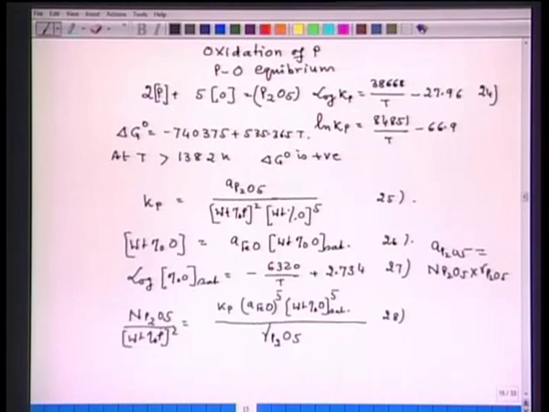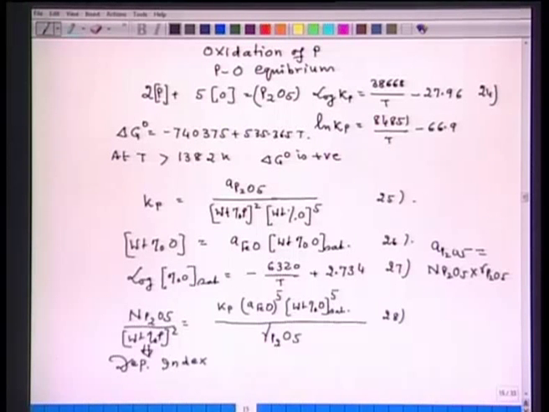This ratio Np2O5 upon wt percent P squared denotes the dephosphorization index, because Np2O5 is approximately proportional to wt percent phosphorus in slag. You can call this ratio dephosphorization index, coefficient of phosphorus partition, or dephosphorization ratio, whichever way is convenient to you.